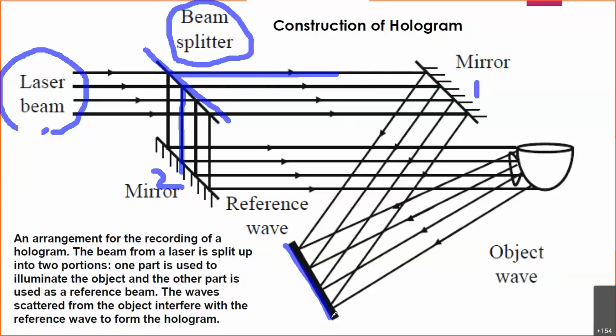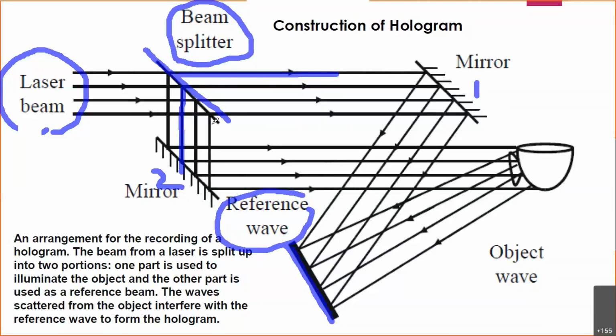This black strip you see is your photographic plate, where you need to record your hologram pattern. So the light coming from mirror 1, after reflecting, you are taking directly onto this photographic plate. This signal coming from mirror 1 is known as the reference wave.